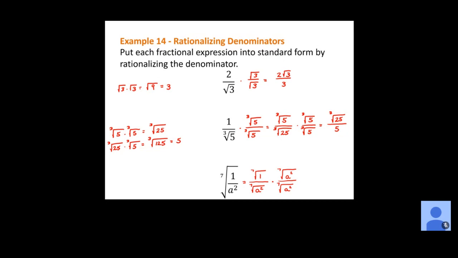If we do a to the 7th, let me switch these. So let's say this was a to the 7th instead. Well, the 7th root of a to the 7th, those are going to go away, but then we've still got the 7th root of a squared that we started with, right? So we don't want to multiply by the 7th root of a to the 7th. We would want to multiply by the 7th root of a to what power?